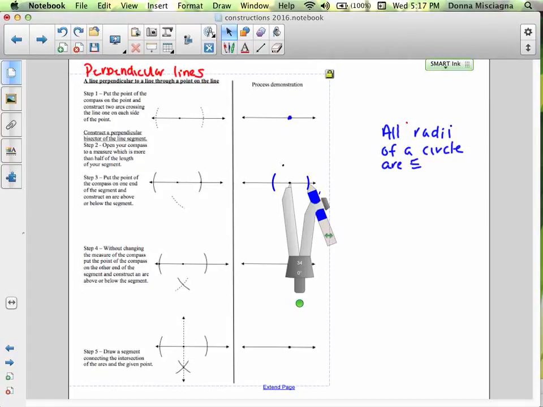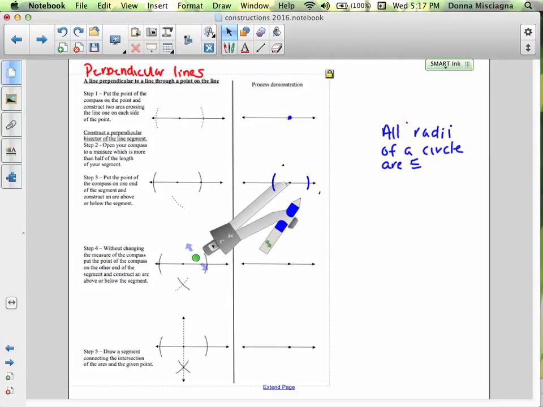Okay? All we have to do is use our compass. Right, so now you can change the compass measurement because this is probably too small. I prefer it a little bit bigger, right? Because if it's a little bit bigger, I'm not going to be all cramped up there, and chances are my arcs will intersect.